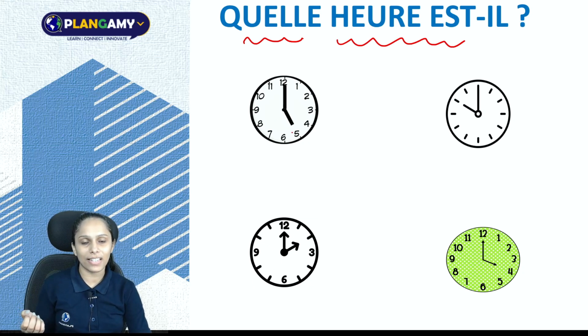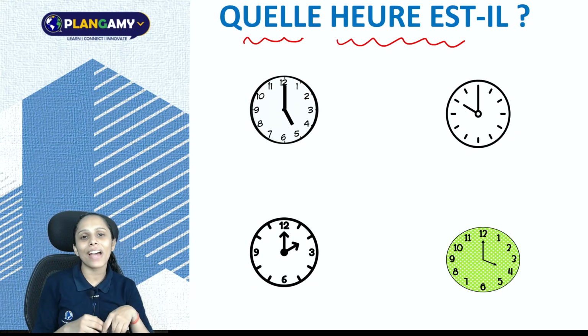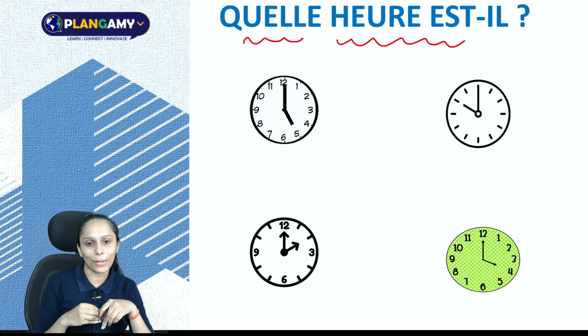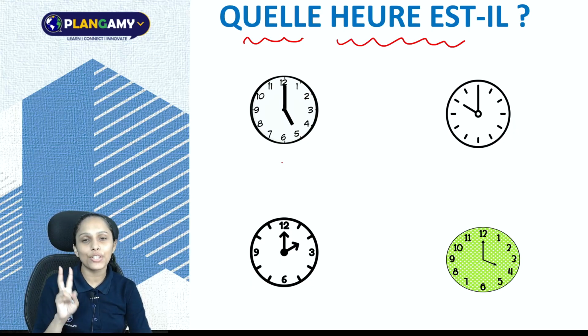Let's take this example. So here we are talking about 5. First you have to write how to say it is 5 o'clock in the morning and how to say it is 5 o'clock in the evening. We have learned just now how to write 5 o'clock in the morning and 5 o'clock in the evening. So you will write this in 2 ways.